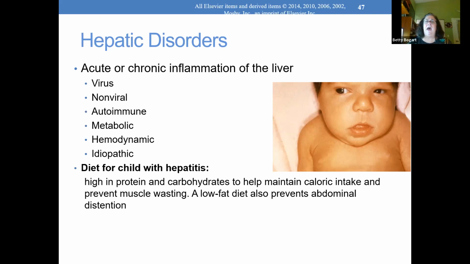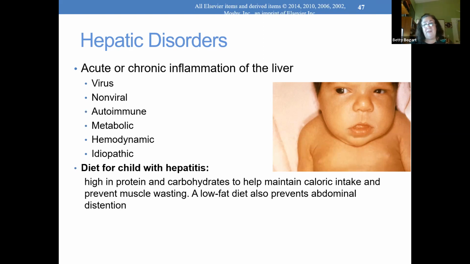But how are we going to take the best care of a child or even an adolescent? With hepatitis, they should be on a high protein and carbohydrate diet. They need to keep up the calories to prevent muscle wasting, and they should be on a low fat diet.